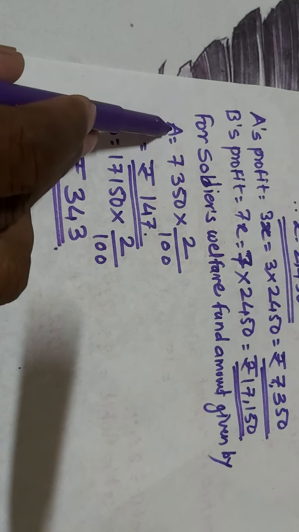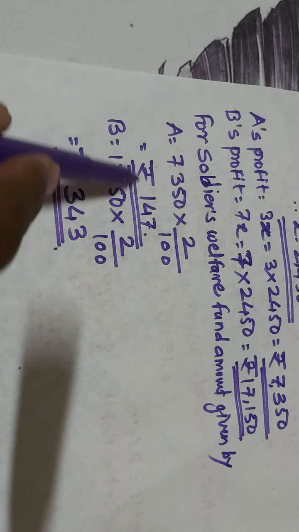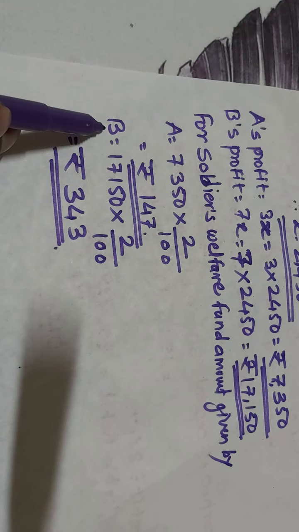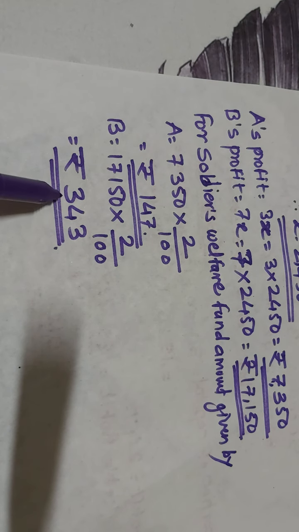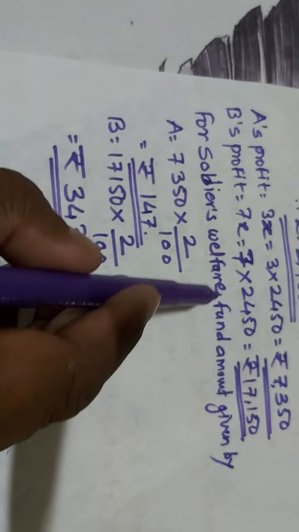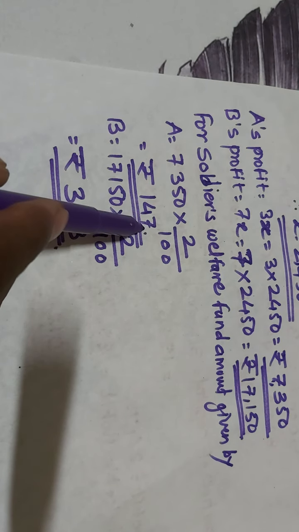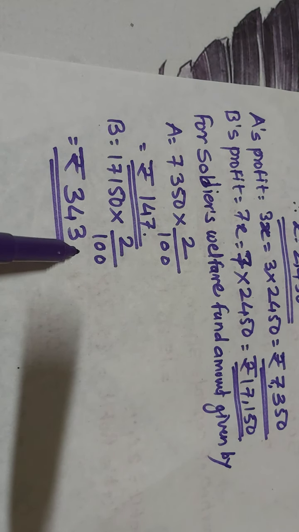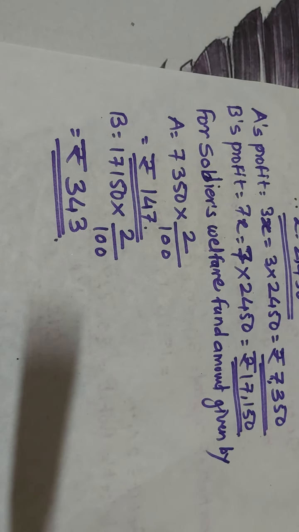So 2% of A's profit is rupees 147 and 2% of B's profit is 343. So A gave 147 for the soldiers welfare fund and B gave 343. Very concise. Okay.